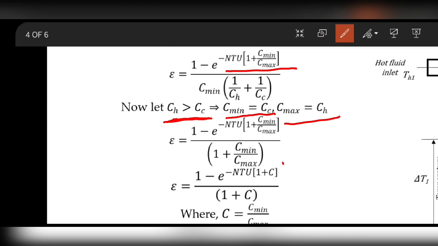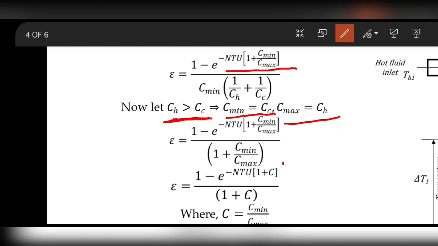So when I do that, I'll substitute that here in the denominator. The numerator remains the same, epsilon will be equal to 1 minus e to the power of minus NTU into 1 plus C minimum by C maximum divided by 1 plus C minimum by C maximum. So here I had 1 divided by CH plus 1 divided by CC.